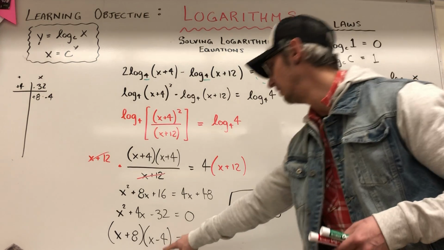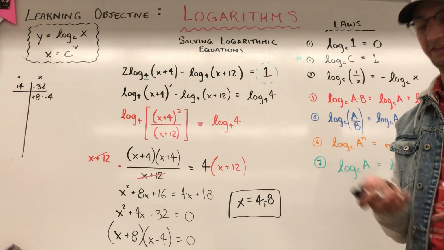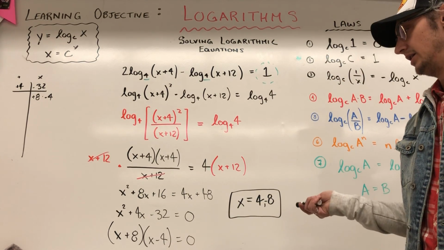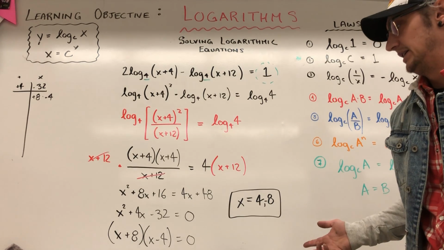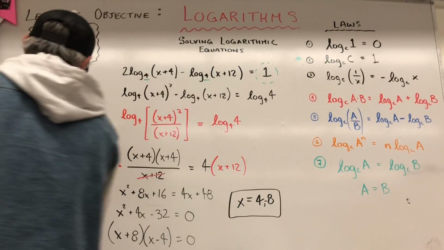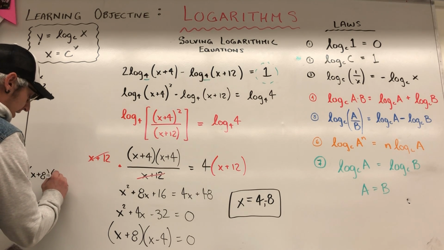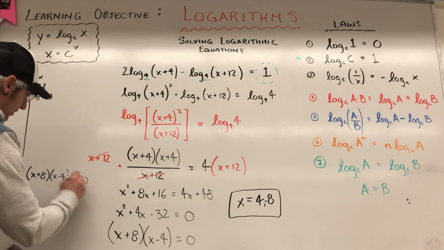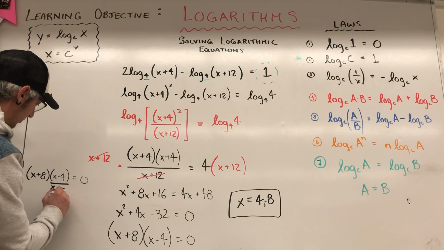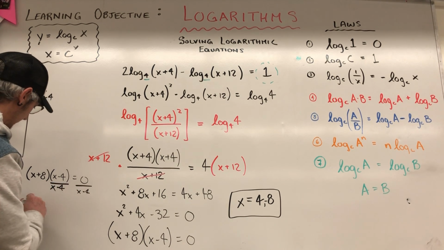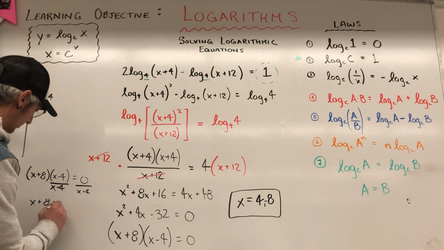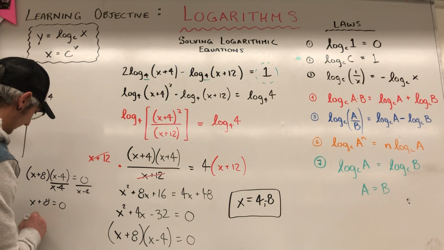And if you don't know how I got from here to here, I'll show you. I'm sure it's in another video, but, so if I have x plus 8 and x minus 4 is equal to 0, well, if I were to divide out x minus 4 the first time round, I'd get x plus 8 is equal to 0, and then x is equal to negative 8.